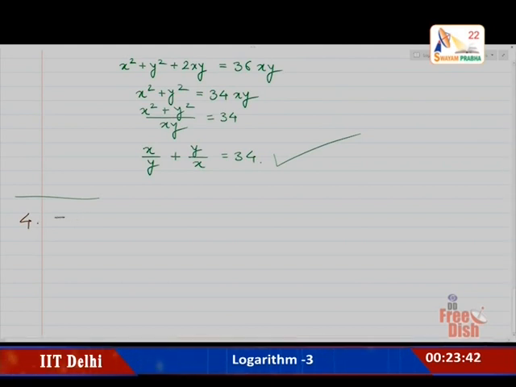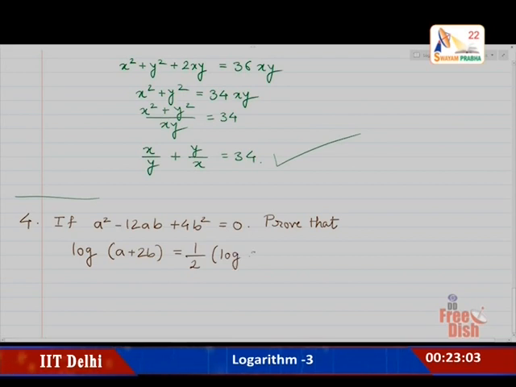So now the question is, if a square minus 12ab plus 4b square is equal to 0, then prove that log of (a plus 2b) is equal to half log of a plus log of b plus 2 log 2. Okay.